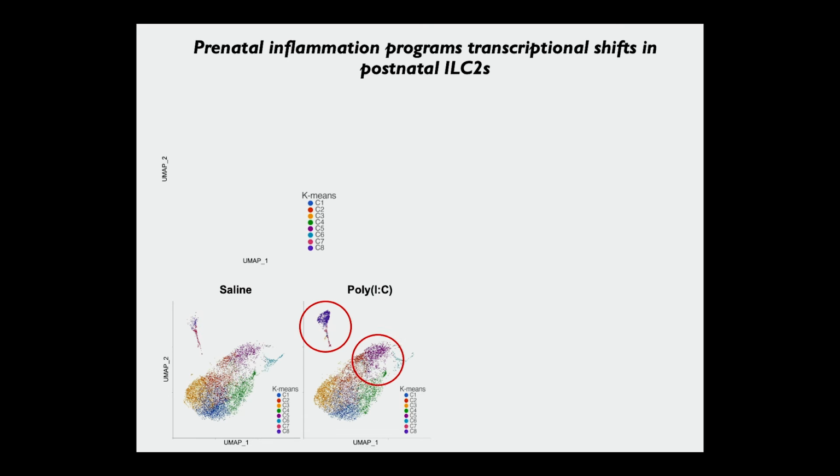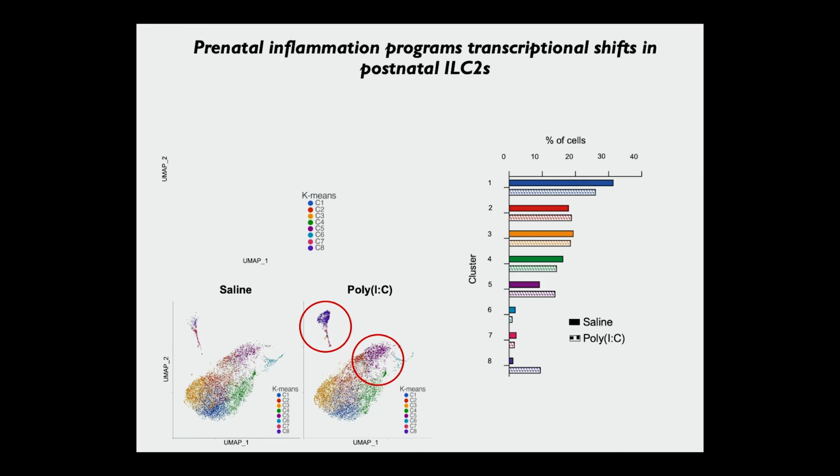And what we identified were 2 clusters, one that was significantly expanded, that's cluster 5, within the poly-IC treated offspring, or prenatally inflamed exposed offspring, and then one that was almost entirely unique to the offspring exposed to prenatal inflammation.